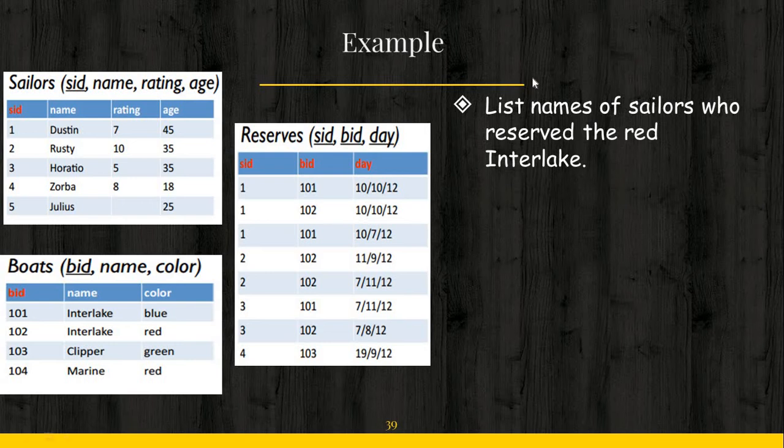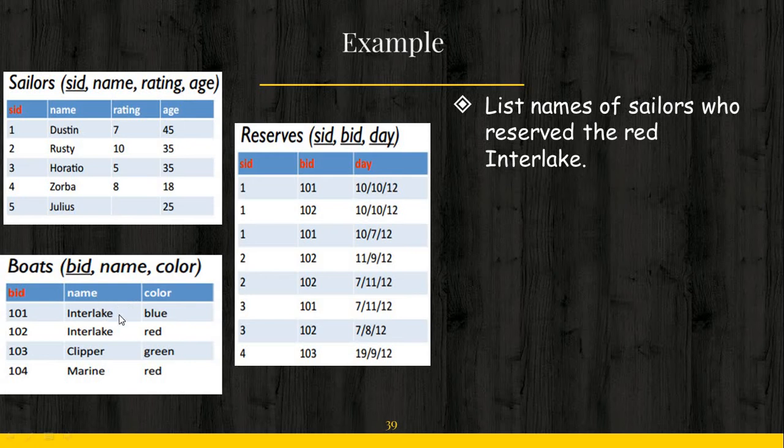However, if the question is list names of sailors who reserved the red Interlake, what would be the answer? List names of sailors: so from the sailors table, this name column would appear as output. And reserved the red Interlake: that means from the reserves table you have to find out the boat ID, BID. But we don't know whether it is red or Interlake.